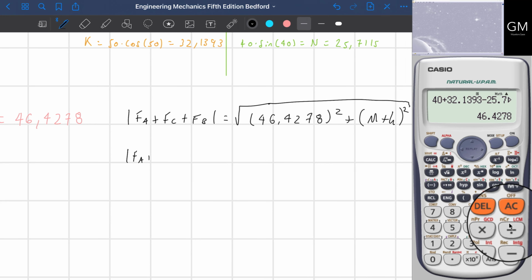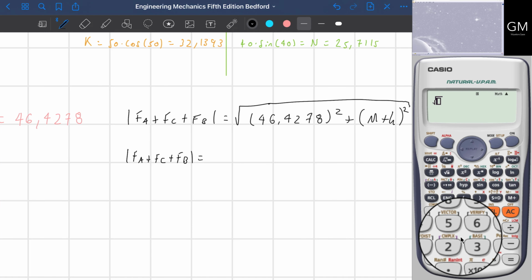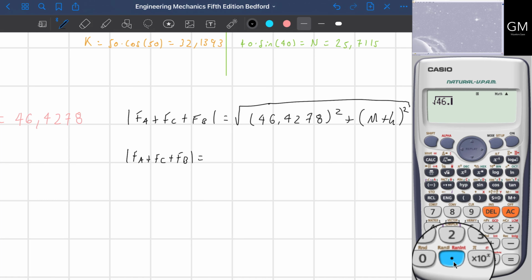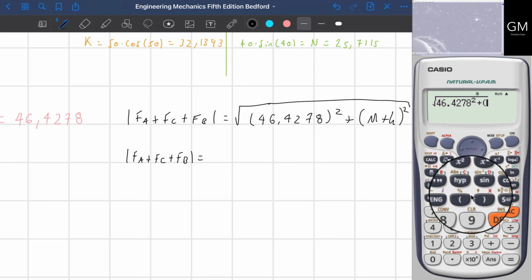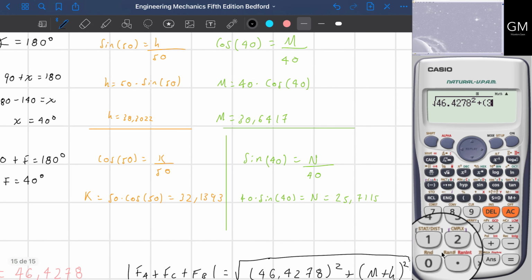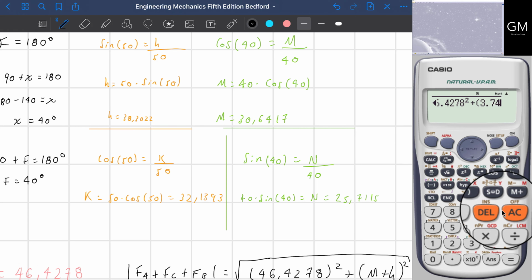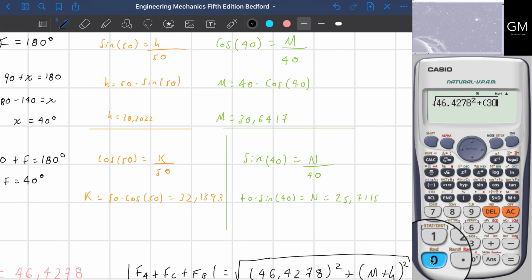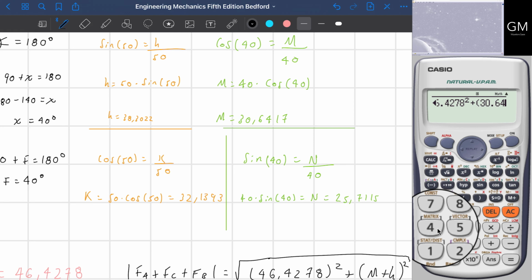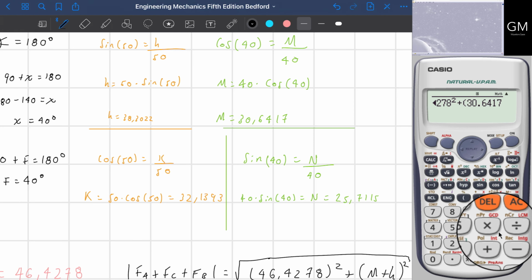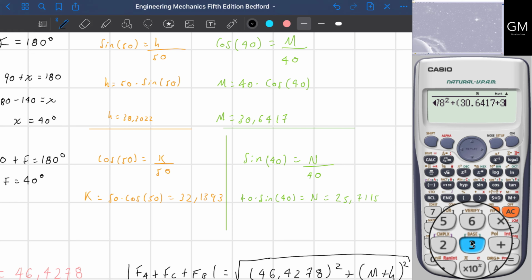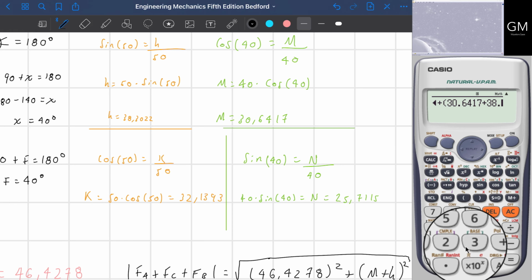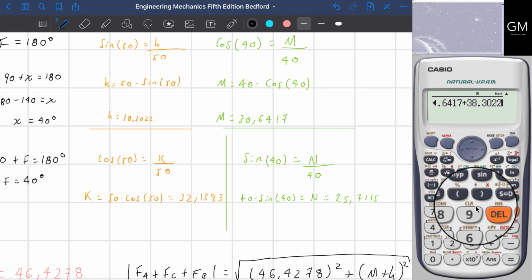And the answer will be the square root of 46.4278 evaluated to the second power plus m, which is equal to 30.64, 17, plus h, 38.3022.